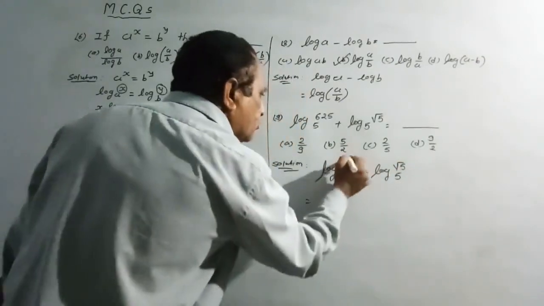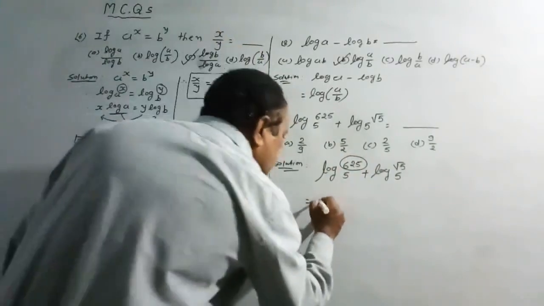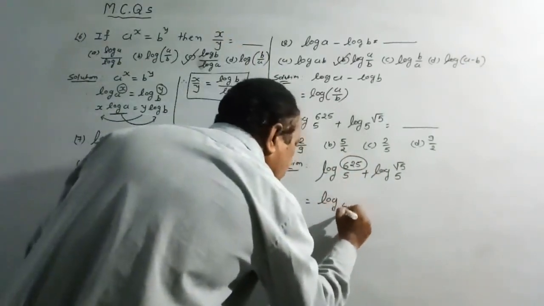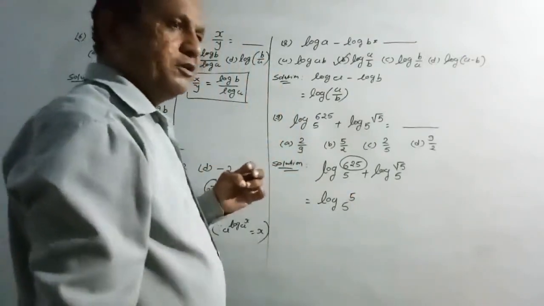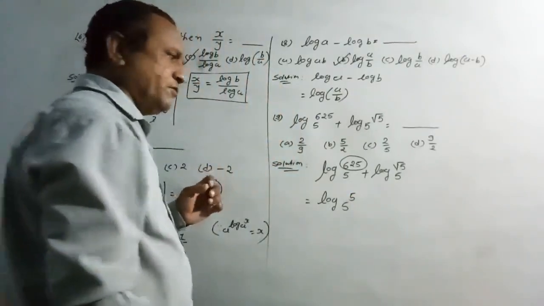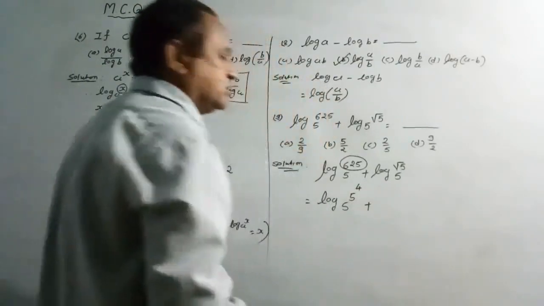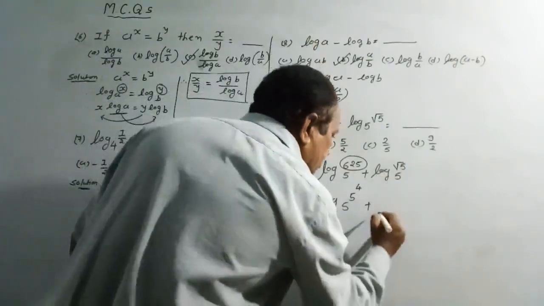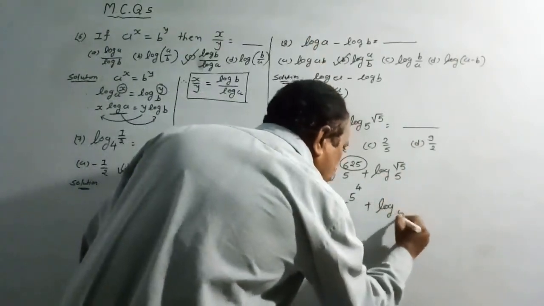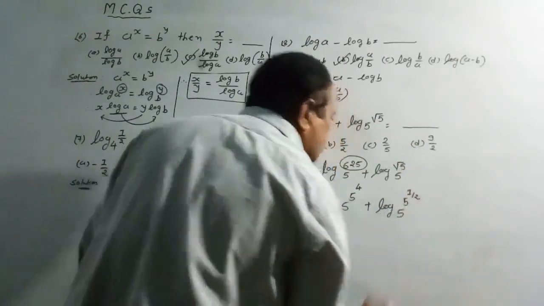First, factor 625: 5 fives are 25, 25 fives are 125, and 125 fives are 625. So log 5 raised to 4 base 5, plus log 5 raised to 1 by 2 base 5, since root 5 is 5 raised to 1 by 2.